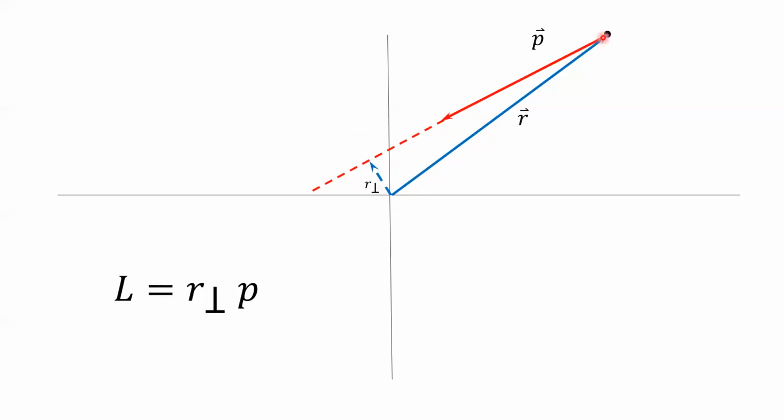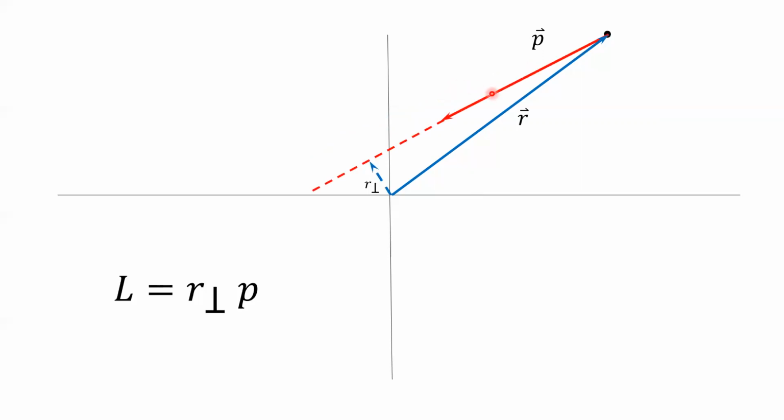Now, if the particle is still moving at the same speed, and the mass is still the same, then the magnitude of P has not changed. The magnitude of P is just mv, where v is speed. So if you haven't sped up or slowed down, you've just turned, and your R perp decreased, then your angular momentum did change. The particle in this slide has different angular momentum than it did in the previous slide.